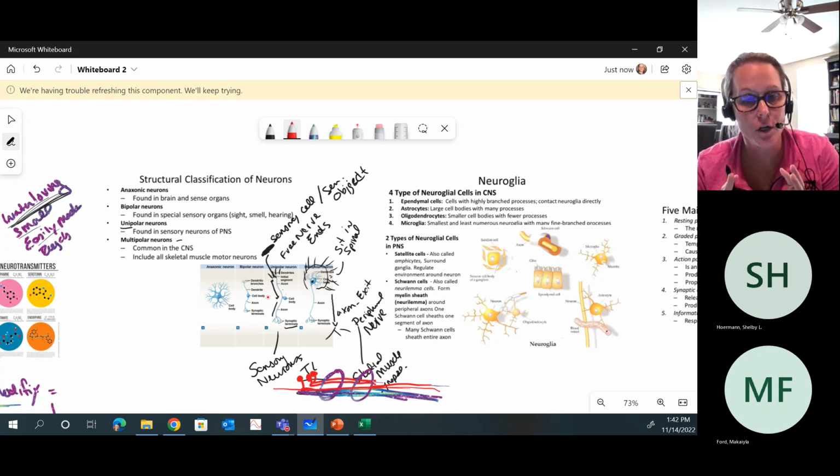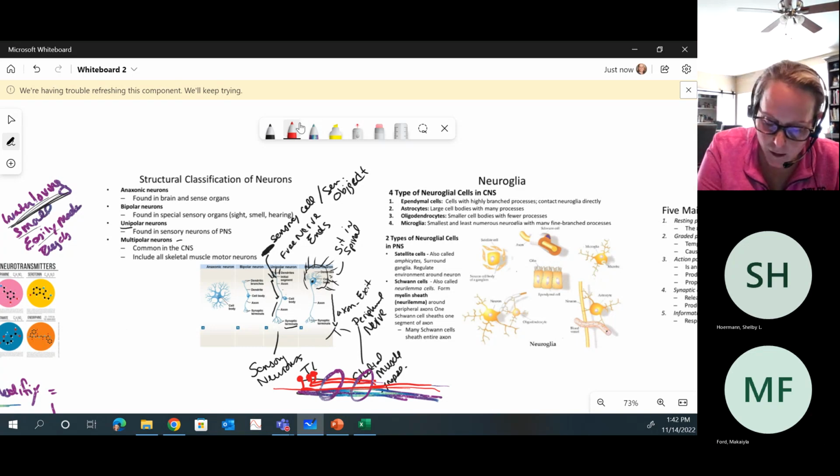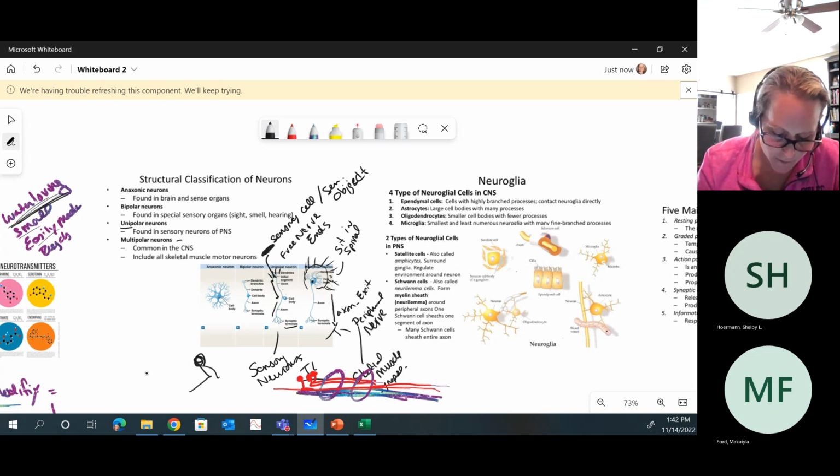When we get to certain areas of the brain, we're going to see that there are even some other types of neurons that have a place in our system. One of these is known as the bipolar neuron. The difference between it and the unipolar is that the unipolar branches off. In the bipolar, the cell body is directly in the center.